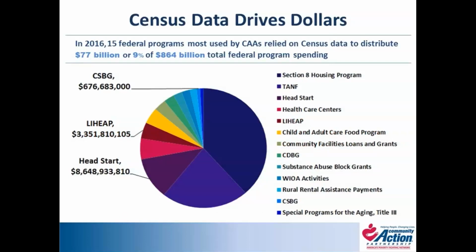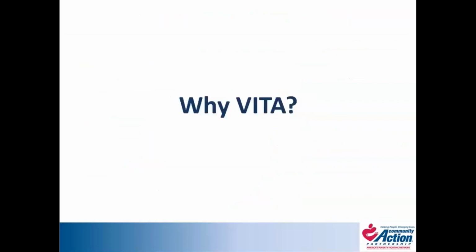You name it, if it's a program in an agency, the chances are pretty good that the funding is based somewhere, somehow, on census dollars. Also, all of us do community needs assessments every 3 years, and we base those numbers off census numbers. So if the census in our area is wrong, then our CNAs are wrong for the next 3 years. And so it also helps us on a local level in that way.